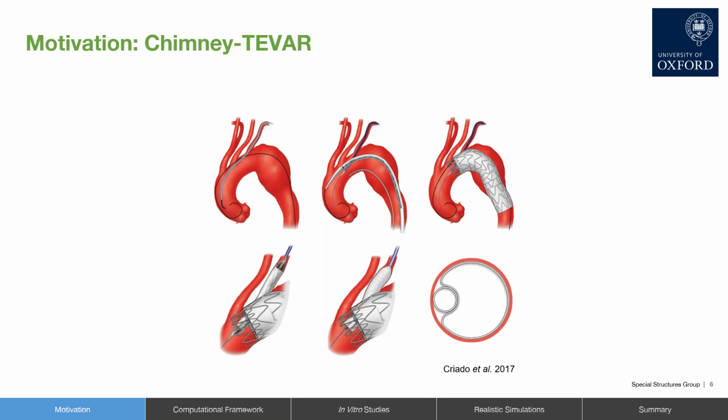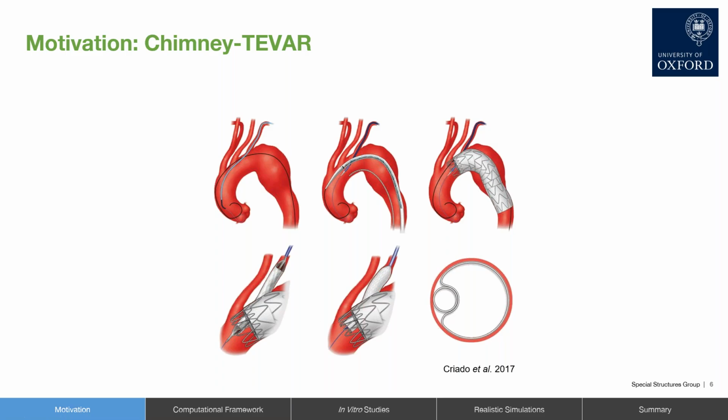In this procedure, two devices are deployed in a manner such that they lie parallel to each other, or in a so-called nested configuration. The main endograft serves to exclude the diseased portion of the aorta, whereas the secondary or chimney grafts are placed within the supra-aortic branch vessels to maintain that supra-aortic branch perfusion.